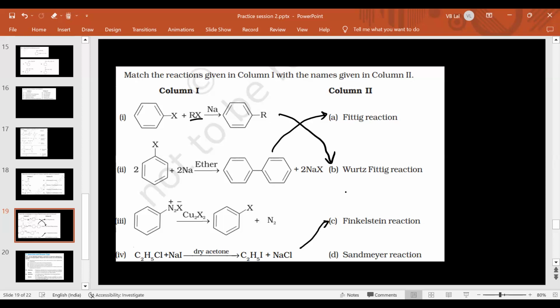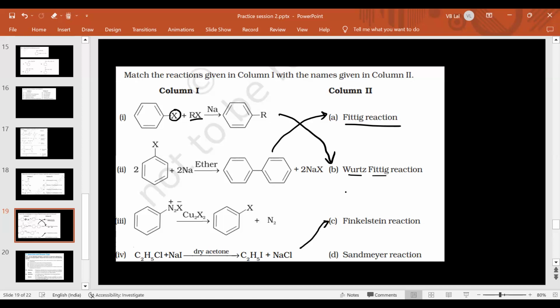here the halogen is attached to the benzene ring, and here the halogen is attached to R. Then it is Woods-Fittig. If both are two molecules of aryl halide, that is chlorobenzene, it is Fittig. And if both were alkyl halide, it would have been Woods reaction.